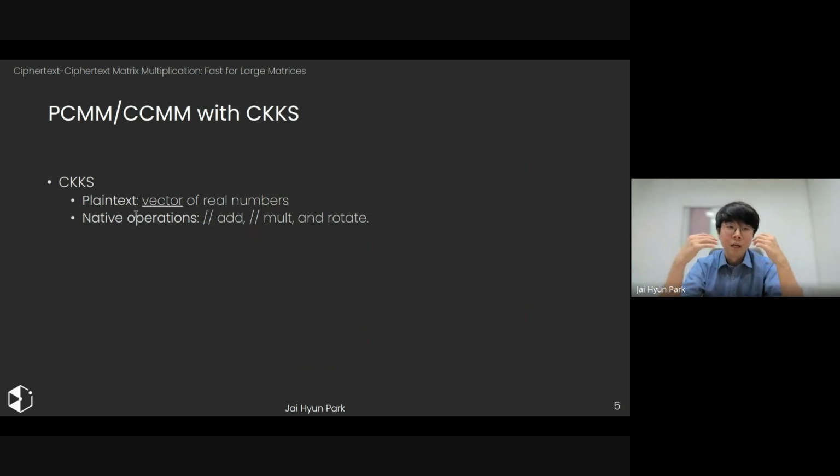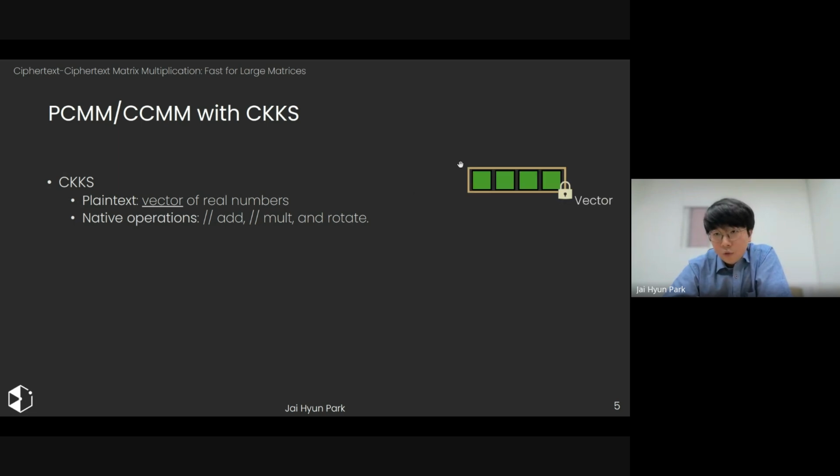A single ciphertext can store several real numbers, and it natively supports component-wise addition and component-wise multiplication. If you want to move the data across the slots in a ciphertext, you need to rotate the slots. So CKKS natively supports parallel addition, multiplication and rotation.